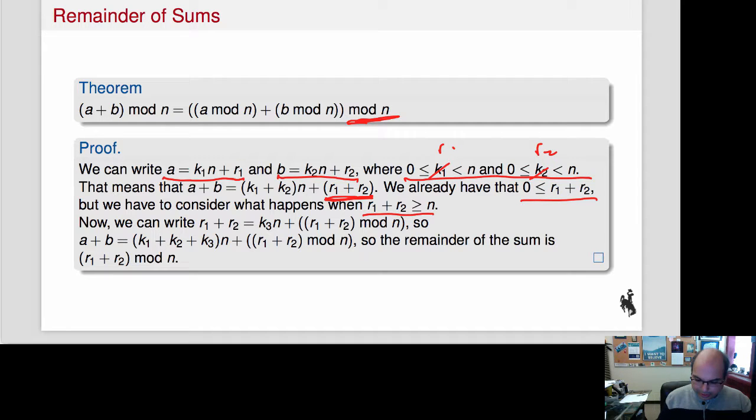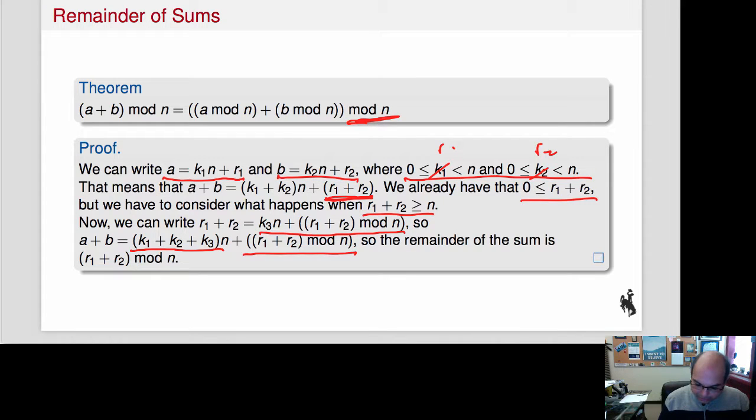So now let's think about it. r1 plus r2 is k3 n plus (r1 plus r2 mod n). This is the quotient remainder theorem again: some number is equal to k times n plus the remainder of that number base n. So what I can now write is a plus b is (k1 plus k2 plus k3) times n plus (r1 plus r2) mod n. So what's the remainder of this whole thing?